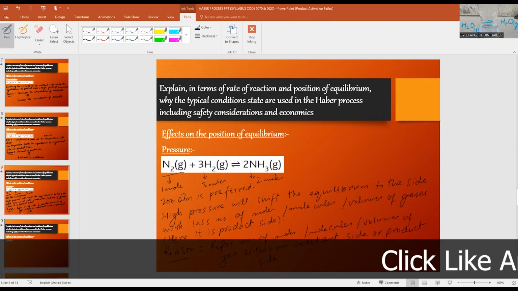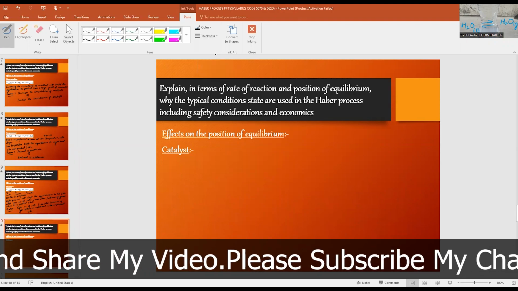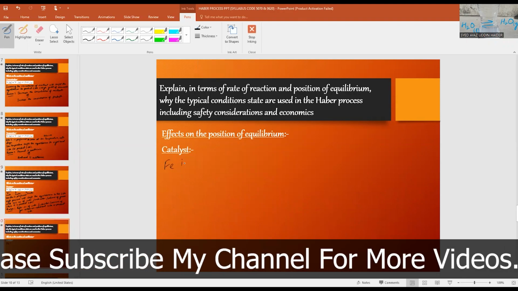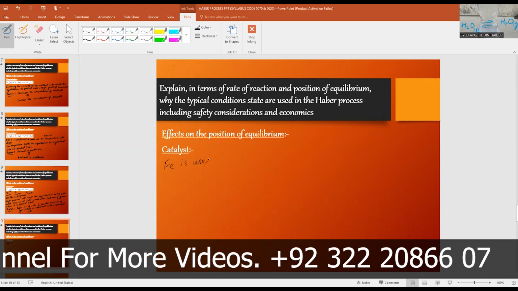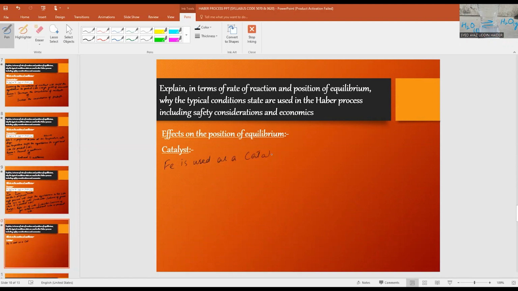In Haber process, iron is used as a catalyst. You know that catalyst increases the rate of reaction, but here catalyst has no effect on the position of equilibrium.